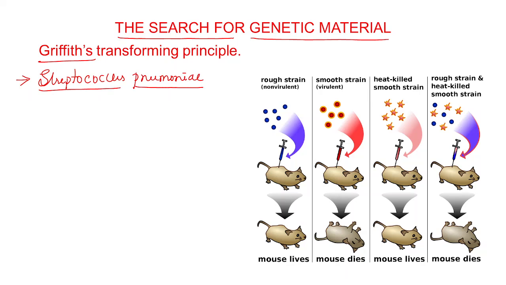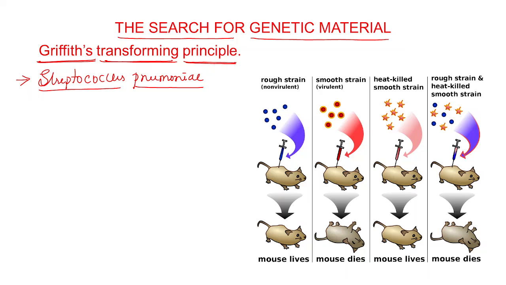When he was working upon this particular bacterium, he observed something and he gave the first idea of the DNA. That is why this particular experiment will come first when we go for the search for the genetic material. So let us start with Griffith's transforming principle.